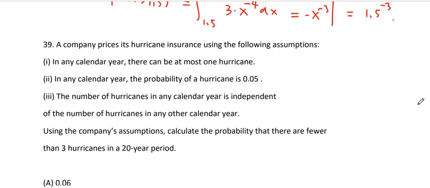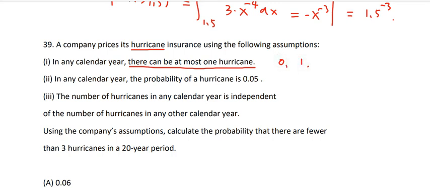So for this problem, hurricane insurance. We say in any calendar year, there can be at most one hurricane. So the number of hurricanes is 0 or 1, happen or not happen.